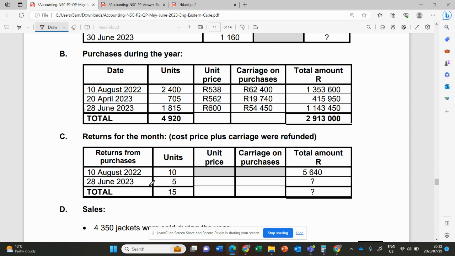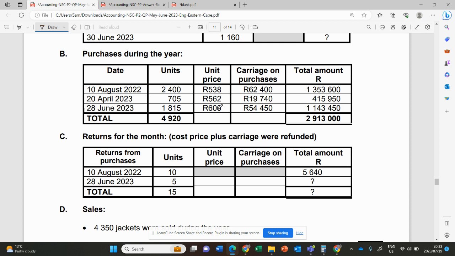We need to use the price for June, but it should include the carriage, because the carriage was refunded. If carriage was not refunded, we would use 600 times 5. Because the carriage is refunded, we add the carriage.